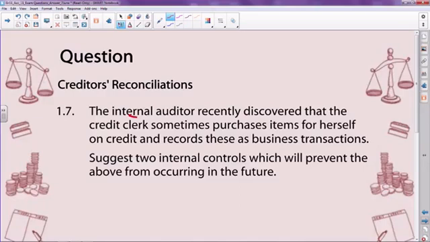Right, the internal auditor recently discovered that the creditor's clerk sometimes purchases items for herself on credit and records these as business transactions. So a bit of dishonesty here, obviously a bit of sneakiness by the creditor's clerk. Suggest 2 internal controls which will prevent the above from occurring in the future. Okay, so a bit of internal controls, guys.